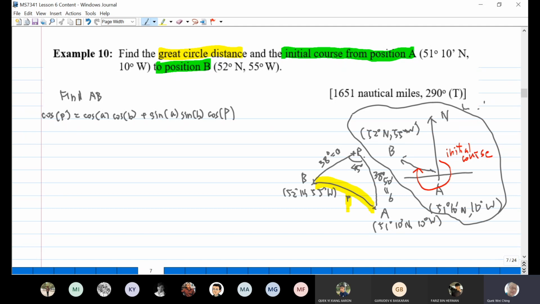So for our spherical triangle, I put in the answer for A. A is 38 degrees. B is 38 degrees also, but 15 minutes, right?